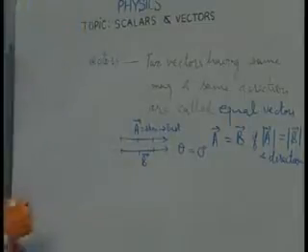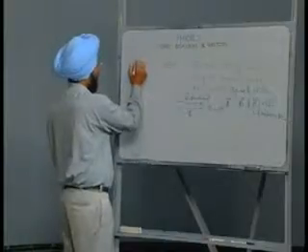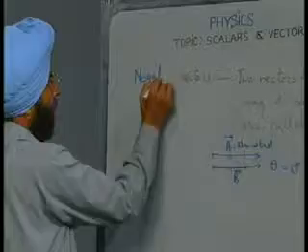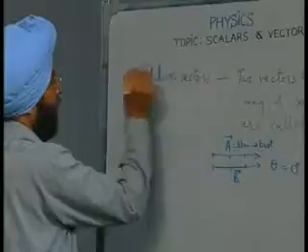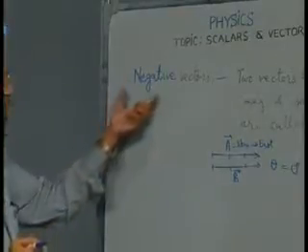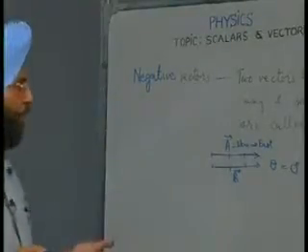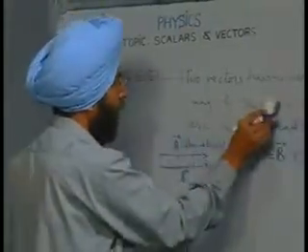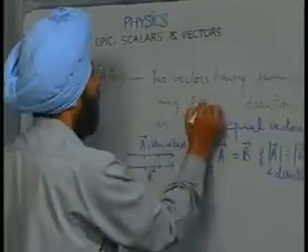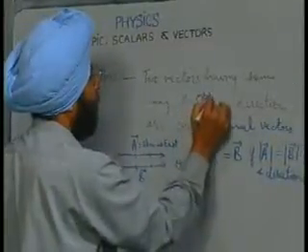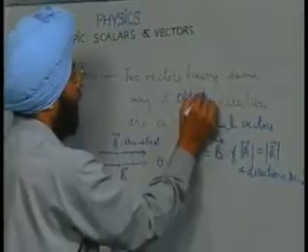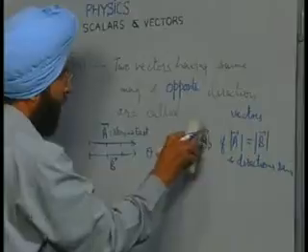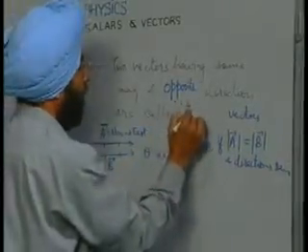Now, in case we have the magnitudes equal and directions opposite, that kind of vectors are known as negatives of each other. Two vectors having same magnitude but opposite direction are called opposite vectors or negative vectors.